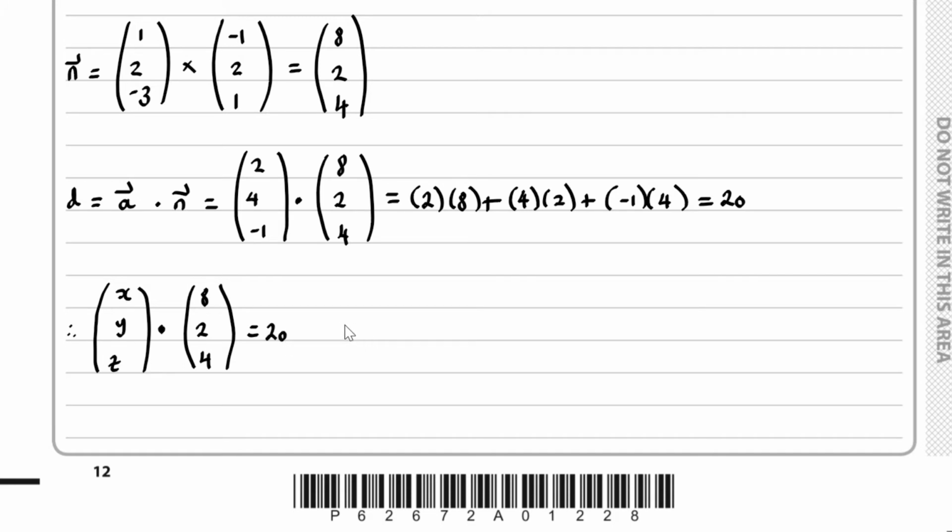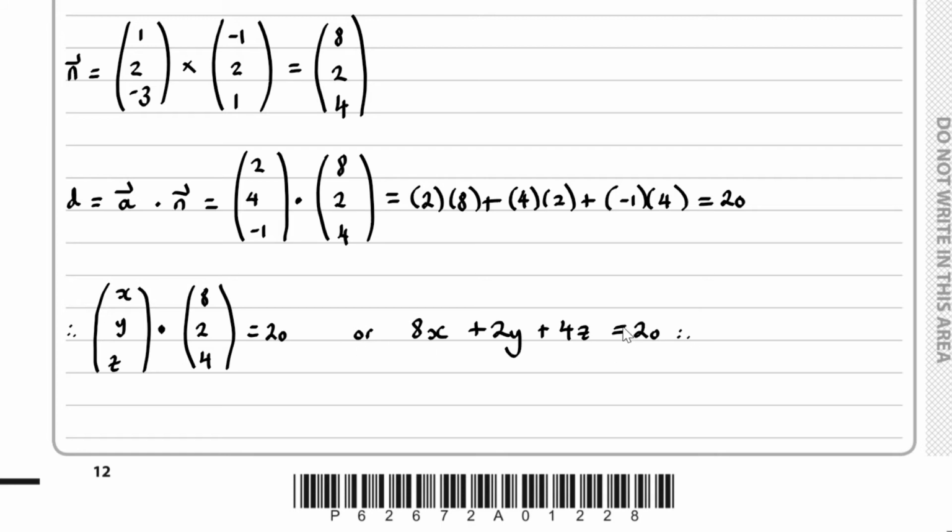And if you want, you can rewrite this as, by taking the dot product, 8x plus 2y plus 4z equals 20.